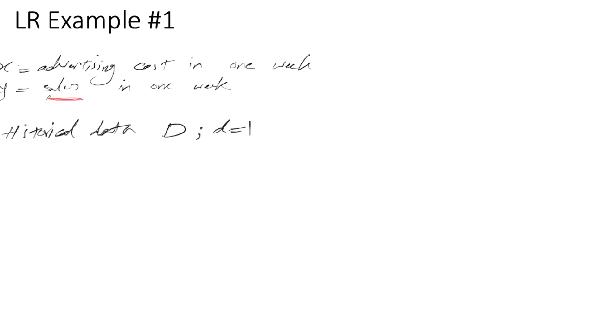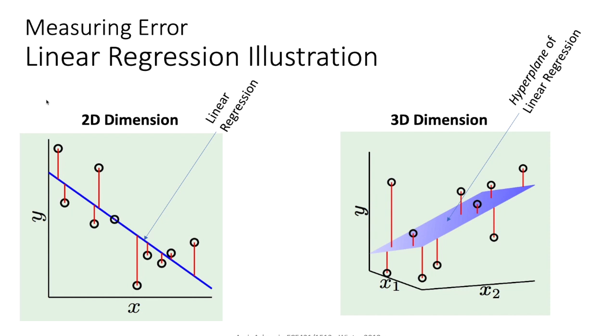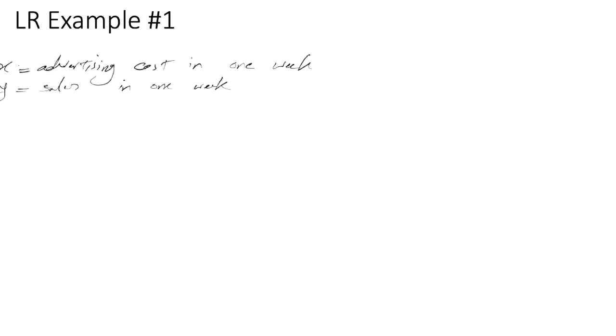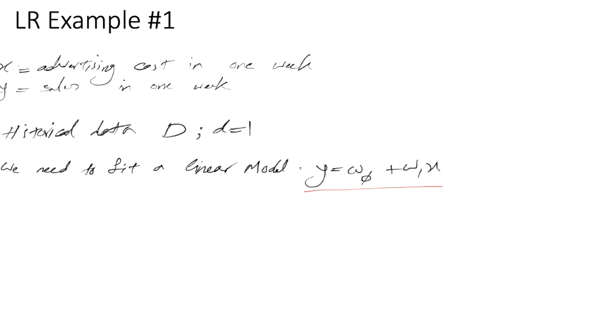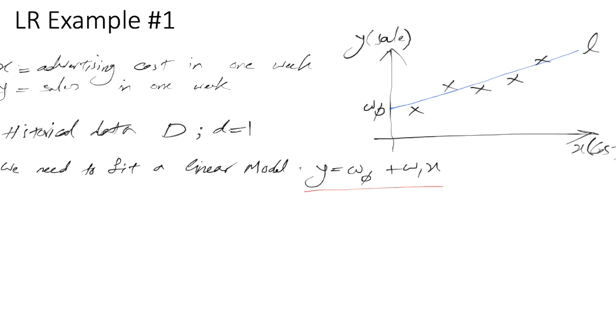Given our historical data from D, and our d is 1 only, suppose this is the case on the left, you have only 1, so it's going to be 2-dimensional. We need to fit a linear model, y equal to w0 plus w1 x, for our data points. These are our data points.